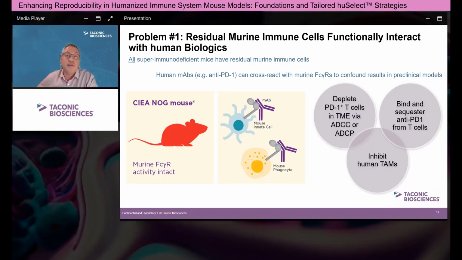This can lead to a lot of issues, including depleting cells, binding and sequestering your therapeutic, or even inhibiting human tumor-associated macrophages that might be present.